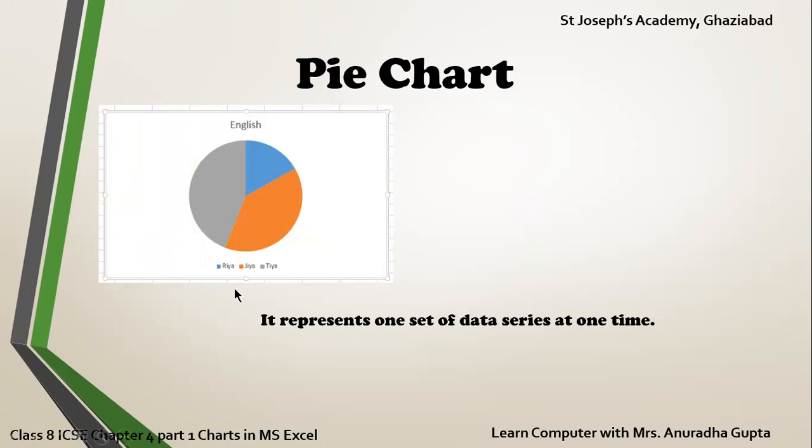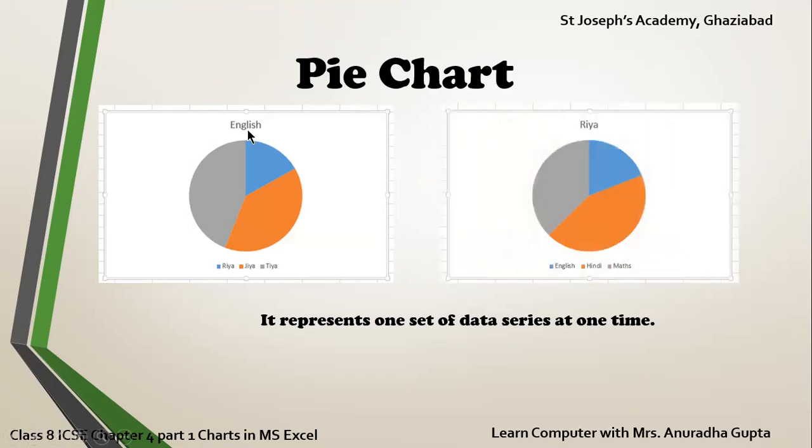I repeat, all the students' marks in one subject, or one student's marks in all the subjects. In the second example, we displayed a pie chart of Ria's marks in all the subjects.